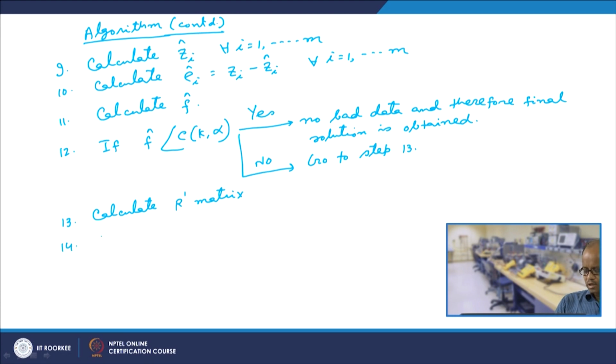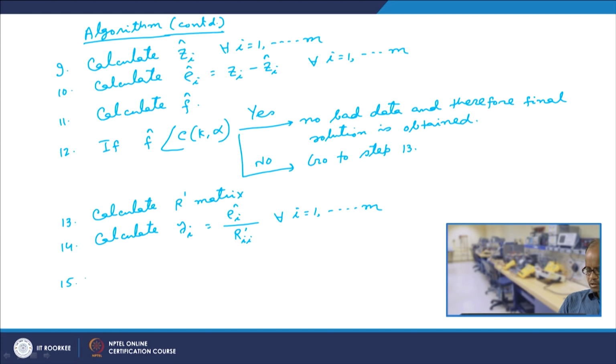Then we calculate y i is equal to e i hat by r i i dash, for all i equal to 1 to m.